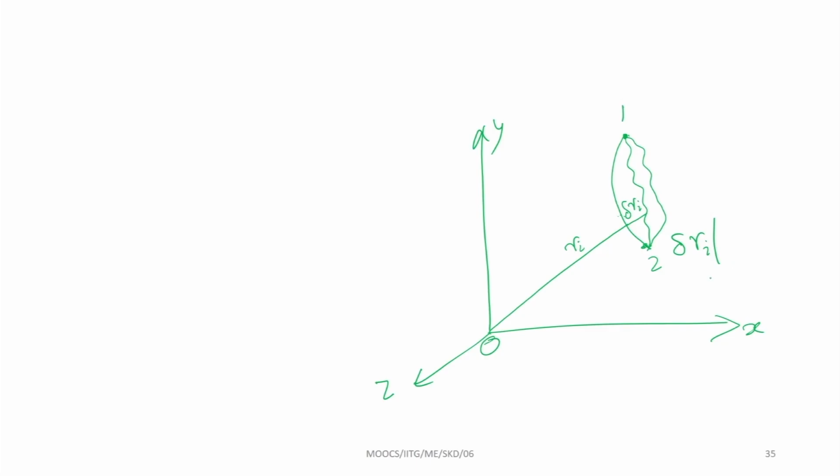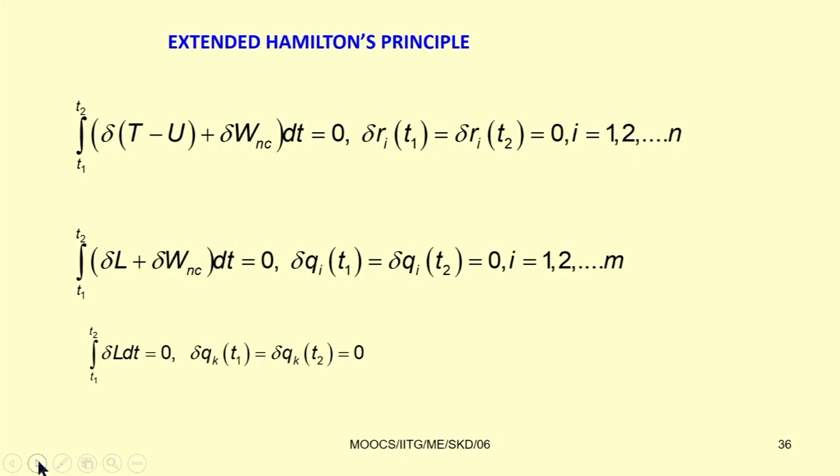At position 1, delta Ri at T1 equals 0, and delta Ri at T2 also equals 0. This is the basic assumption in the extended Hamilton principle. Knowing this varied path and the actual path, the extended Hamilton principle is derived.